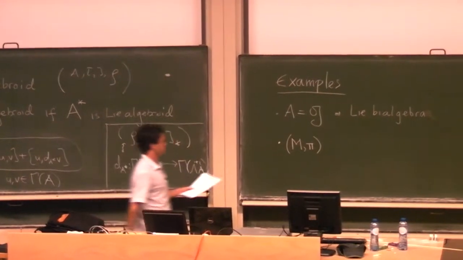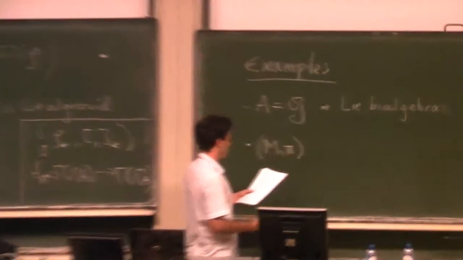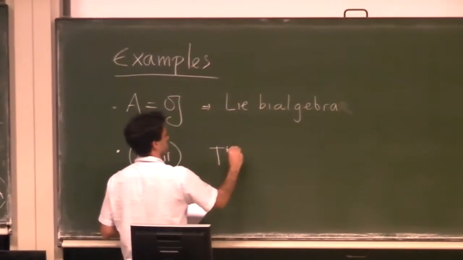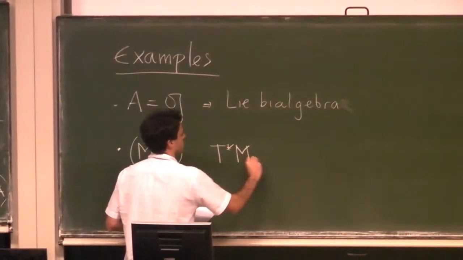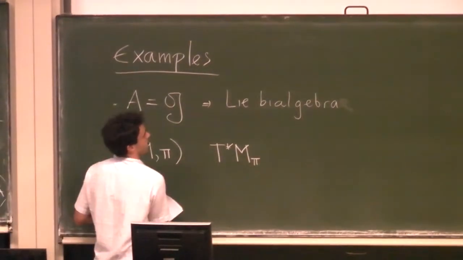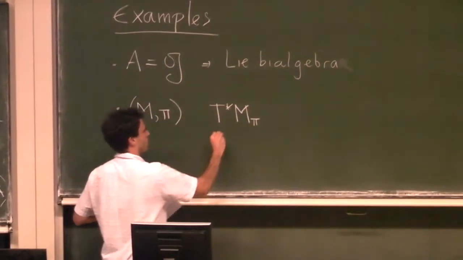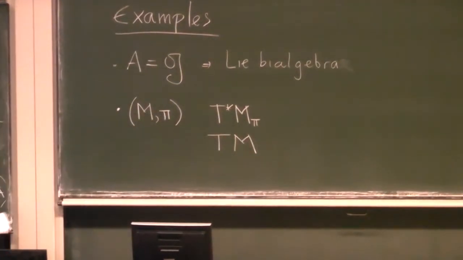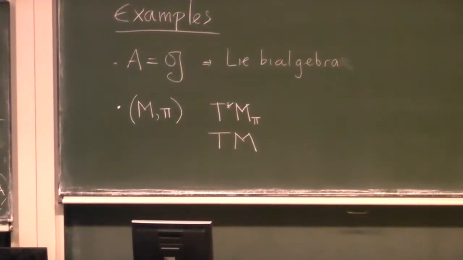So how do you see a Poisson manifold as a Lie bialgebroid? Here you have the algebroid associated with the Poisson structure, and you have just TM with the canonical Lie algebroid structure, in terms of the bracket of vector fields.